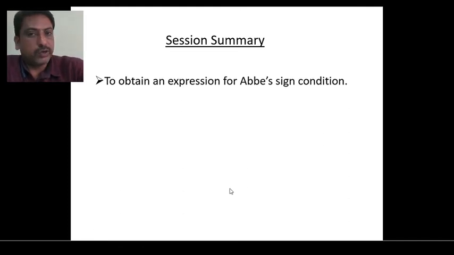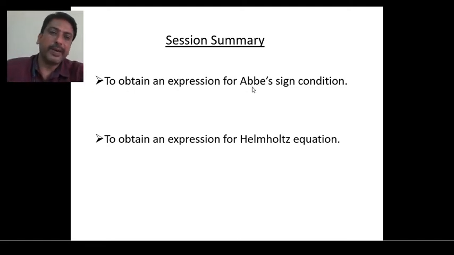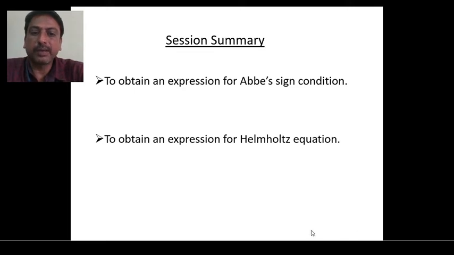So dear students, in this session we have learned how to obtain an expression for the Abbe sine condition and how to obtain an expression for the Smith-Helmholtz equation. Now I will switch on to another point, that is aplanatic point and aplanatic surface, in my next video.